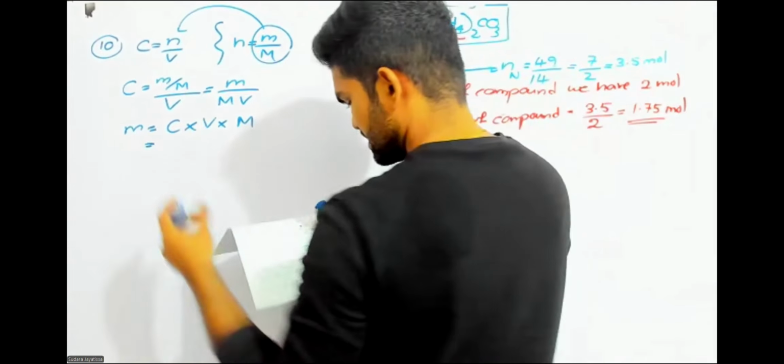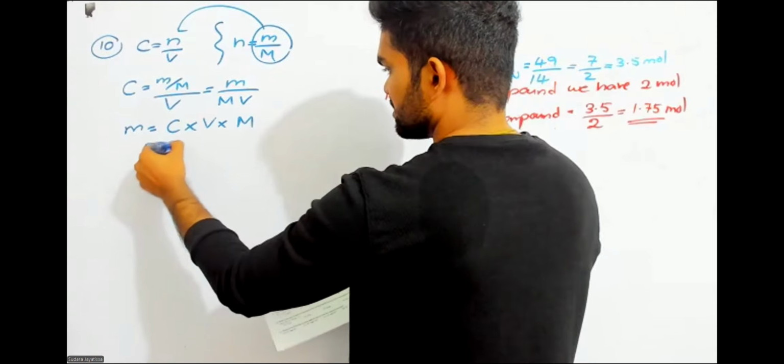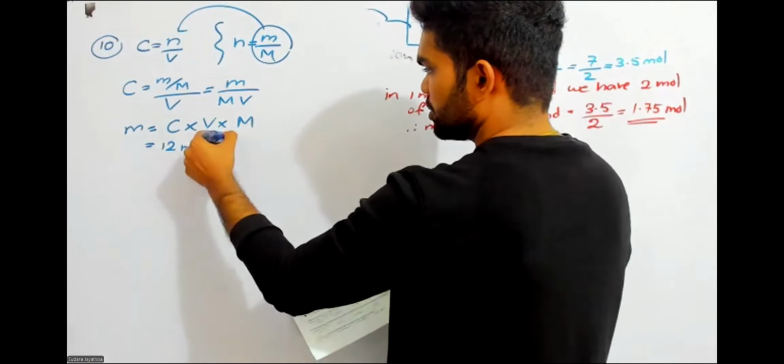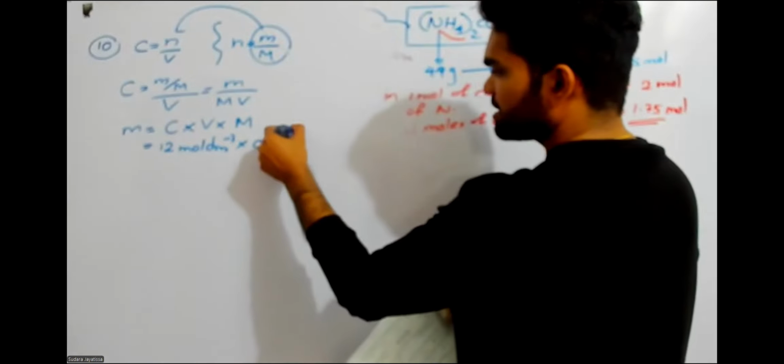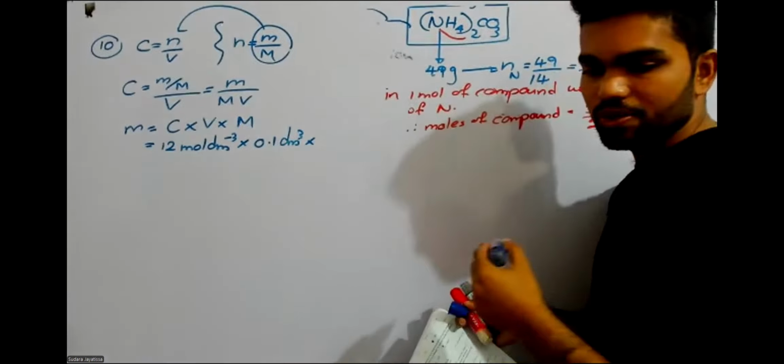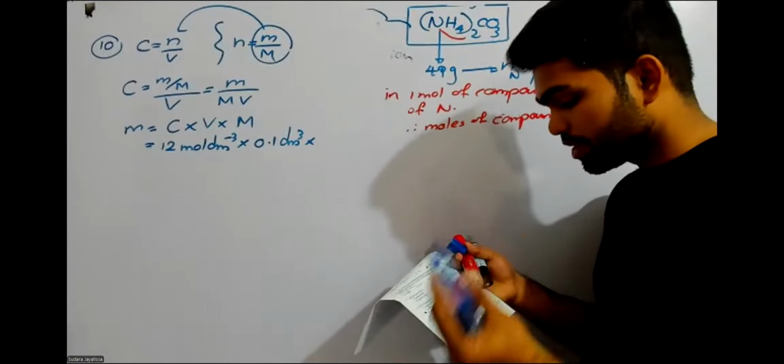Concentration is 12 moles per decimeter cube. Volume is 100 cubic centimeters, so that means 0.1 decimeter cube. Divide by 1000 to convert it into decimeter cube.